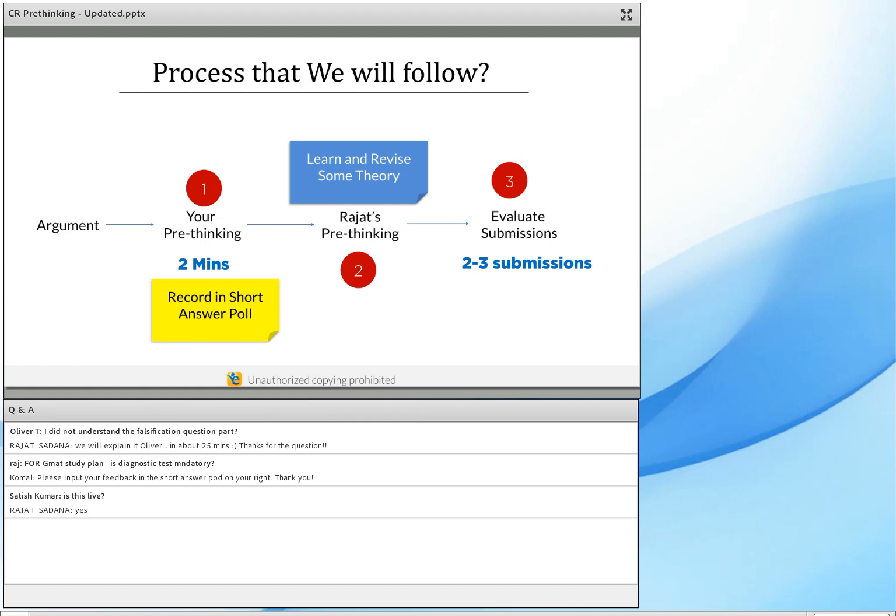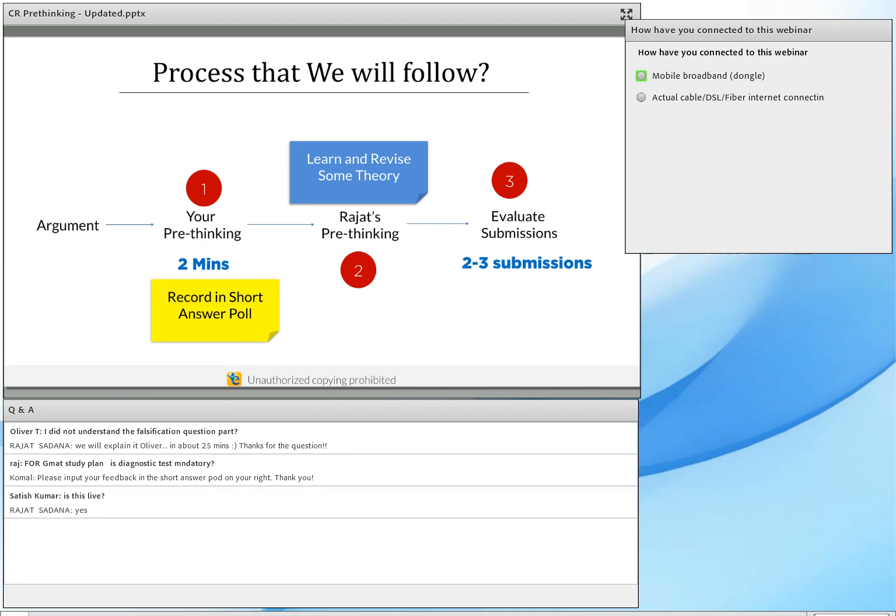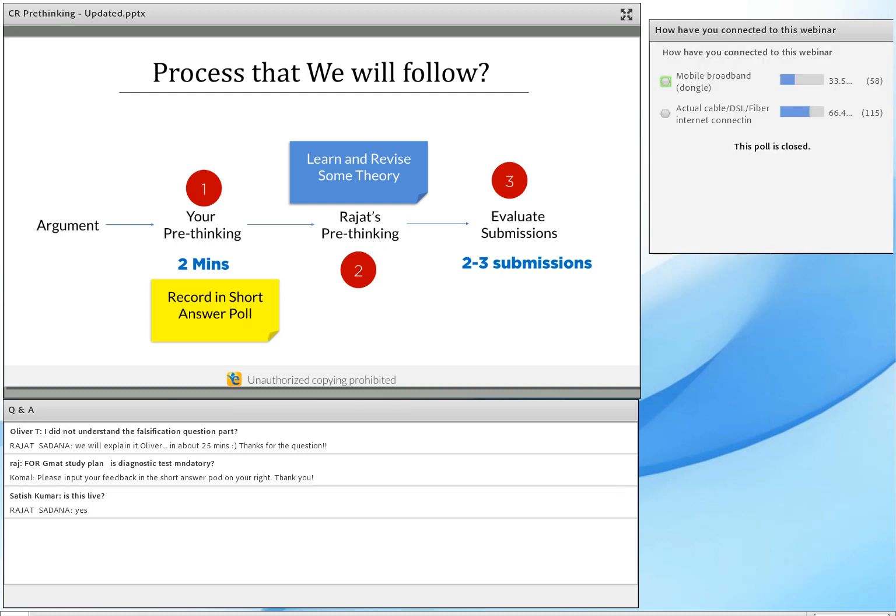So how many of you have connected to the internet either through mobile broadband or through an actual fiber or DSL based internet connection? Let's get those responses in. I have about 280 people in the webinar, so let's get about 150 responses. That will give us a statistically significant number. 3, 2, and 1. Let me end the poll and broadcast the results. So about 33% of you have connected using a mobile broadband.